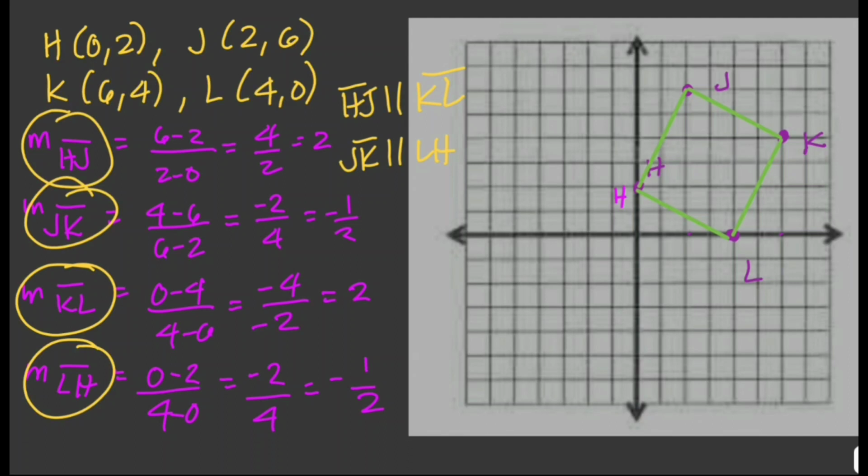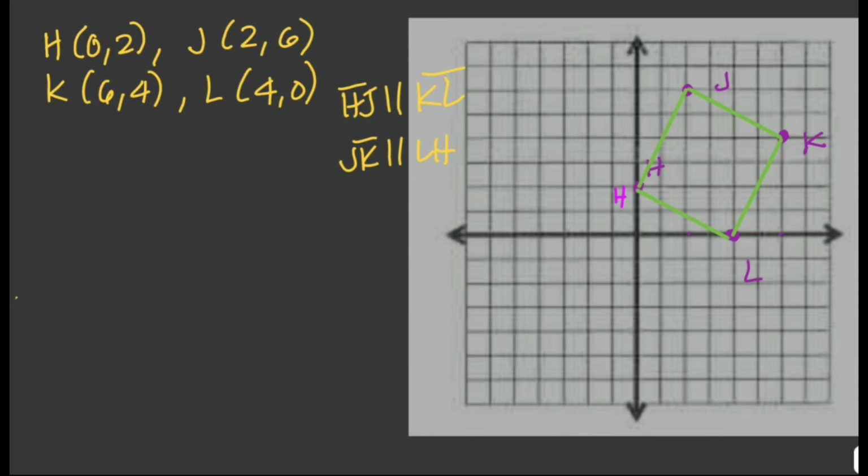Now let's solve for the distance between 2 points. If all of the sides are equal, then we've proven that this quadrilateral here is a square. So let's do this.